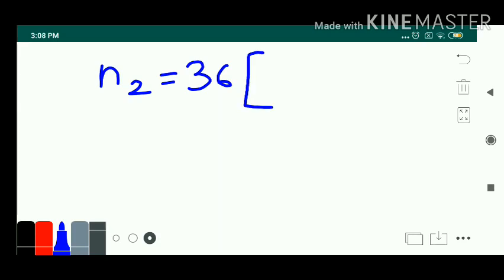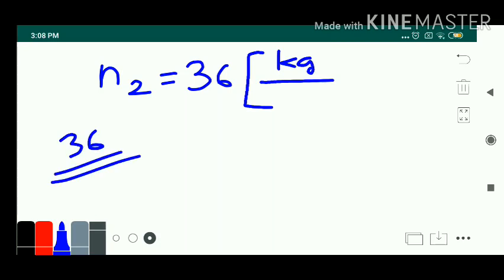So here I have to write 36 M1. M1 is the mass which is given to you, kilogram, so I will write it as kilogram, divided by, I want to convert it, force 36 units. That means you are given in the SI system, sorry, not CGS. In the SI system you are given force as 36, clear?